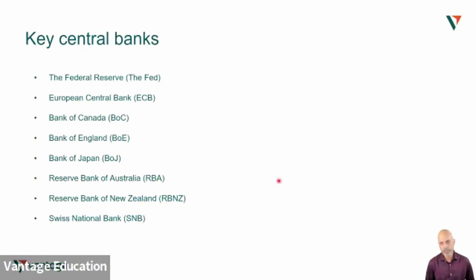Now, of course, there are other central banks from around the world as well, but these are the primary and key central banks that would have a major impact on financial markets as well. You'll see more direct impact from these central banks in general.